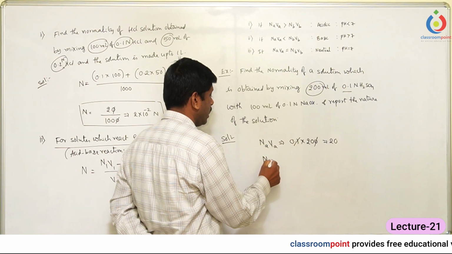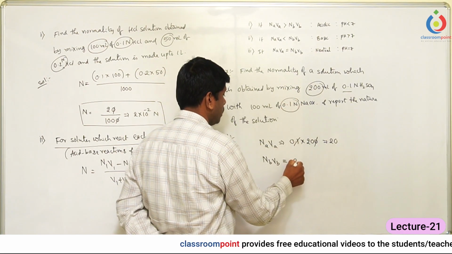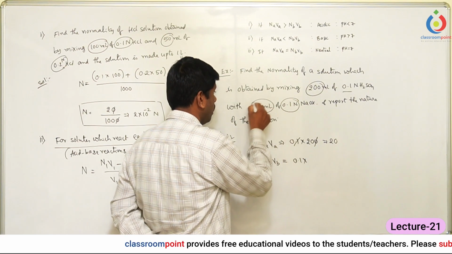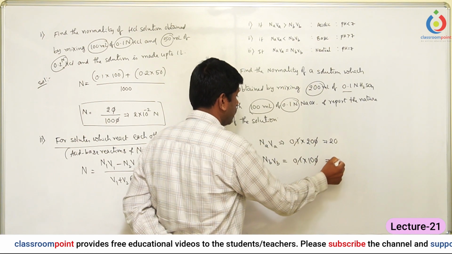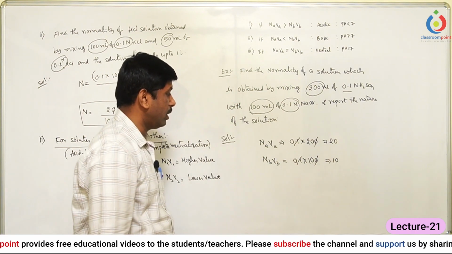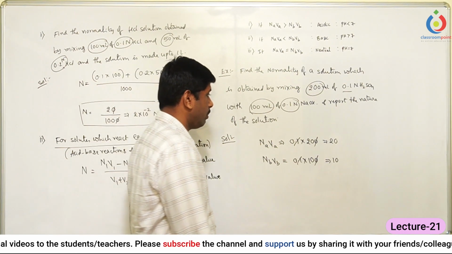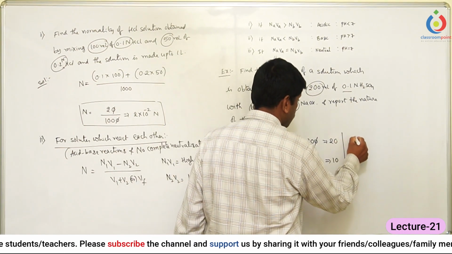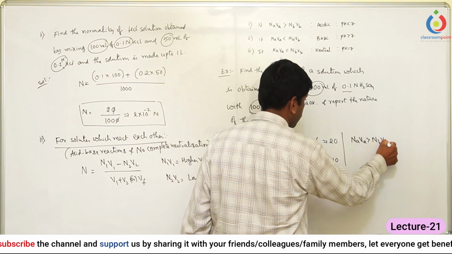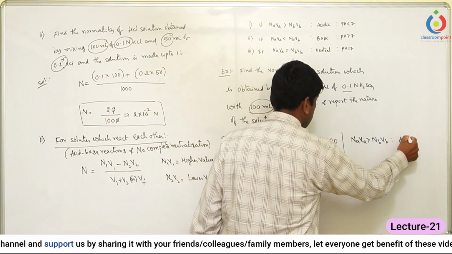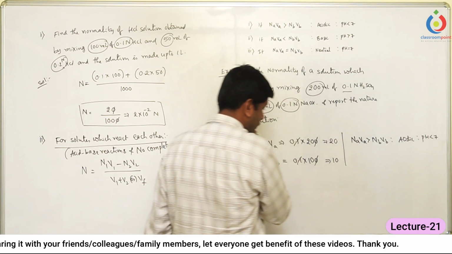Similarly, for the base, normality is 0.1 and volume is 100 ml, so the final value equals 10. Which is the higher value here? The normality and volume of the acid is more than that of the base. So NaVa is greater than NbVb, so the solution is acidic in nature and pH is less than 7.